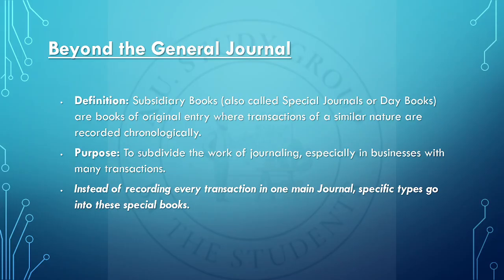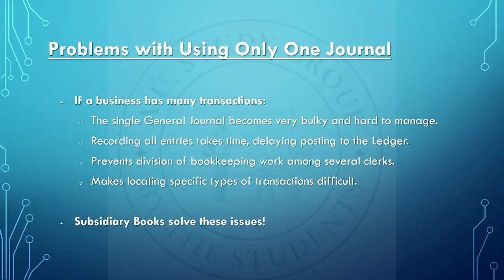Okay, now why do we use them? Why do we basically use subsidiary books? Because if we maintain only one book, we'll create a lot of messy problems for ourselves. Creating journal and special books or subsidiary books allows for division of work, where different people can handle different books in different departments.